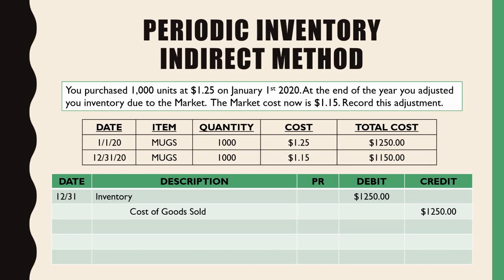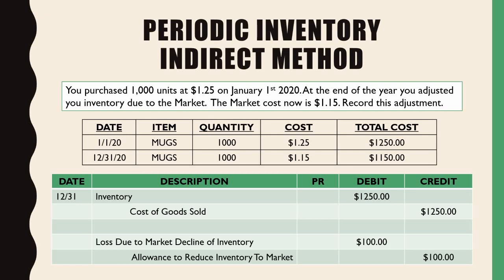You just take the market cost and cost it out into cost of goods sold. You just get rid of it through cost of goods sold. Whereas with the indirect method, you don't do that. You recognize at full price and then you acknowledge that you take a loss at the end of December, for the difference, which is $100.